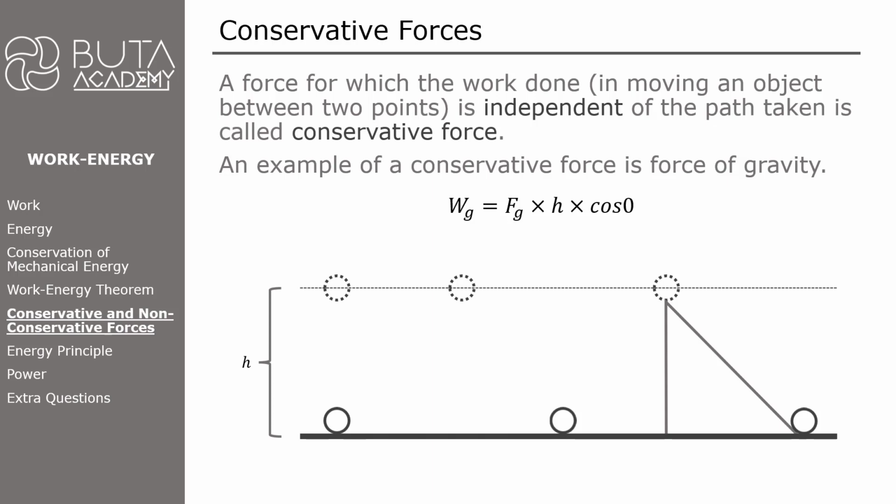Objects are identical, meaning their masses, and consequently the forces of gravity applied on them, are the same. All three dropped from the same height. As a result, we can say that work done by gravity on all three objects is the same, even though their trajectories or paths were different.